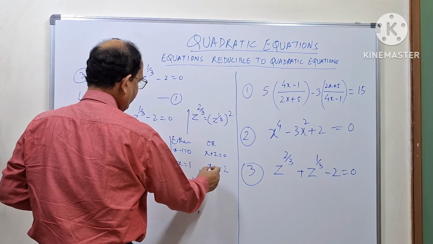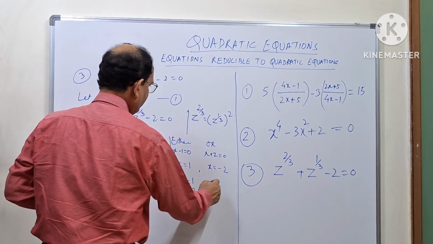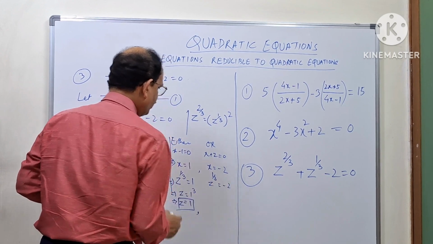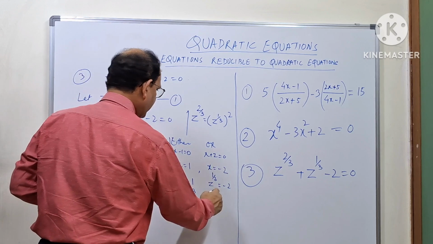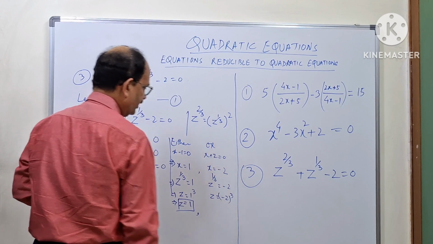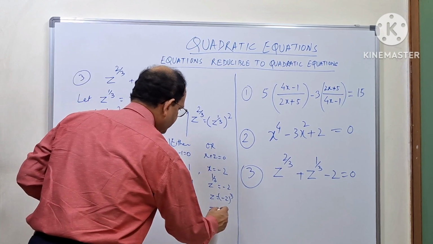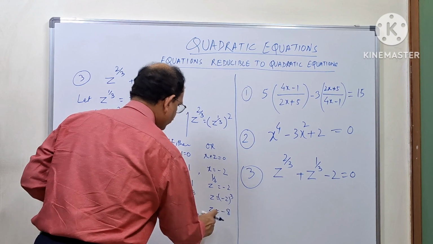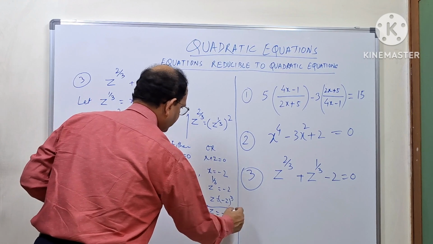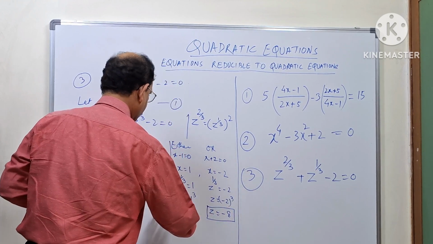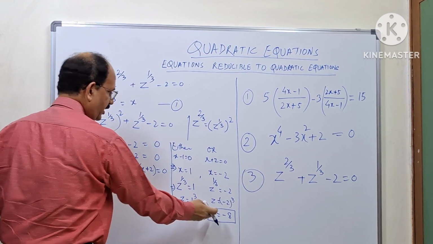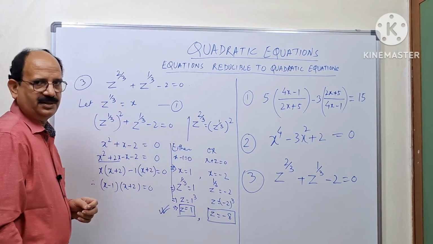Likewise, z to the power 1 by 3 is equal to minus 2. If I cube both sides, z will be minus 2 raised to the power 3, which leads to z is equal to minus 8. So there are two solutions: z is equal to 1, and z is equal to minus 8.